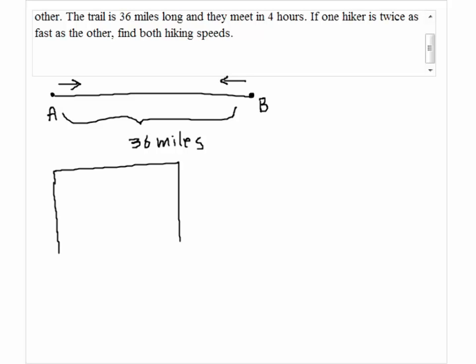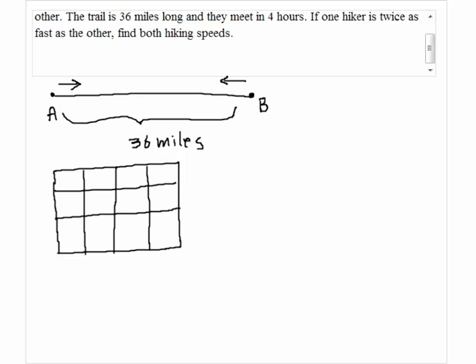Now we're going to construct a chart. We're going to use the first row for hiker A and the second row for hiker B. The first column is the distance, the second column is the rate, and the last one would be the time.